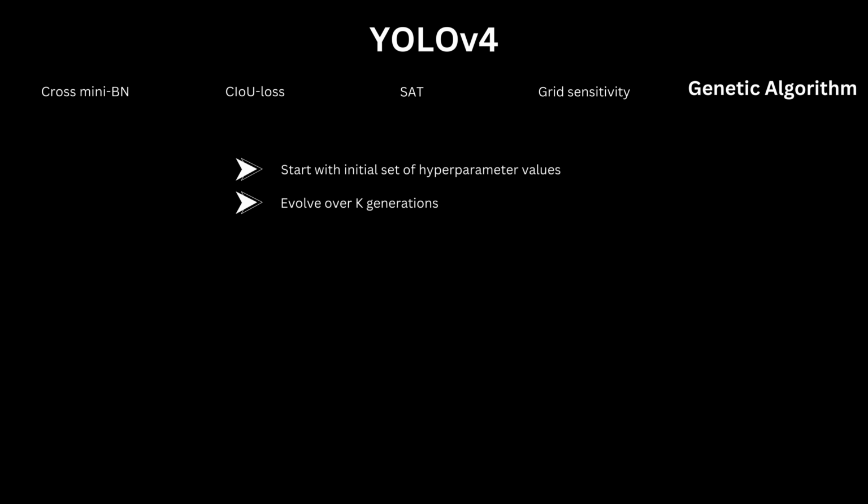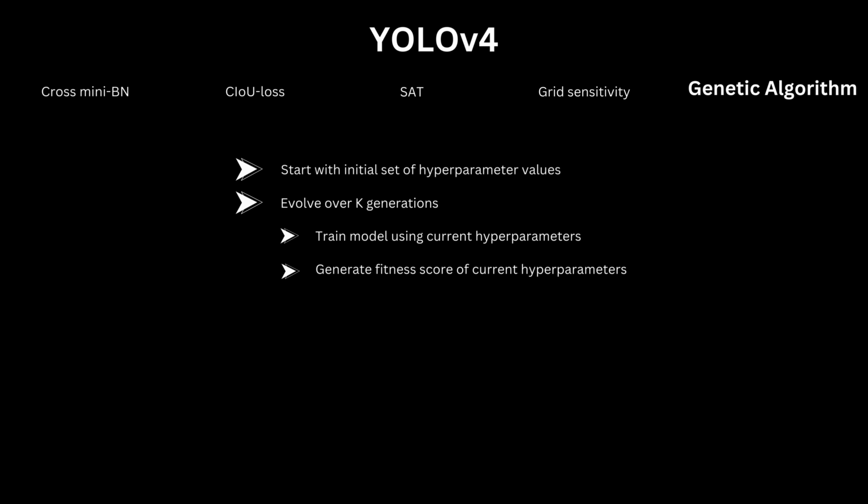But what exactly does evolve mean? So we first train the model using the current hyperparameter choices, and generate a fitness score for the current hyperparameters. This score basically reflects how good the current choice is, and we consider multiple metrics like precision, recall, mAP for deciding fitness.